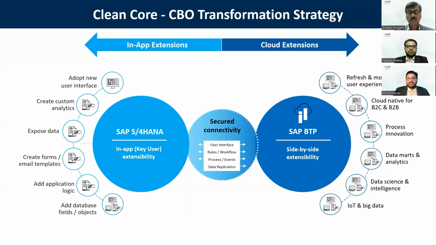So BTP, as you know, we can use ABAP, that is BTP and ABAP, or you can use Java or Node.js. Those are all cloud SDK solutions. The left side in-app extension and the right side cloud extensions both have different models. Cloud extension is the CAP, the cloud application programming model, and also supports RAP, the RESTful application programming model.